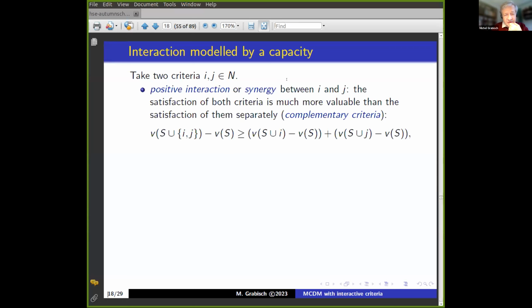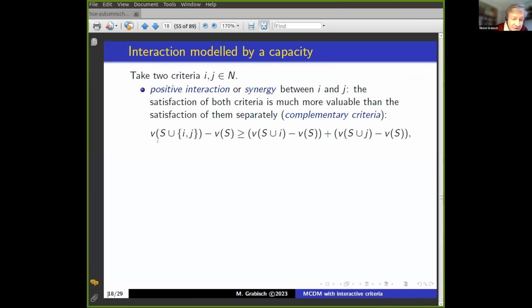Let us just take 2 attributes, only 2, i and j. I say that there is positive interaction between i and j if the following is true. Look at this difference. Remember, v represents the importance of the attributes.